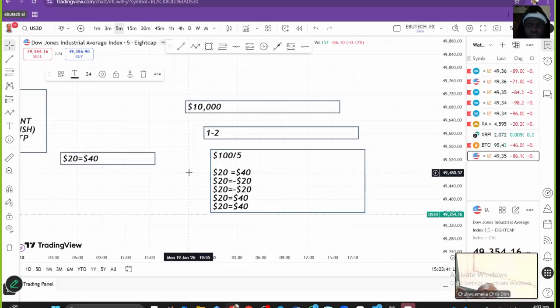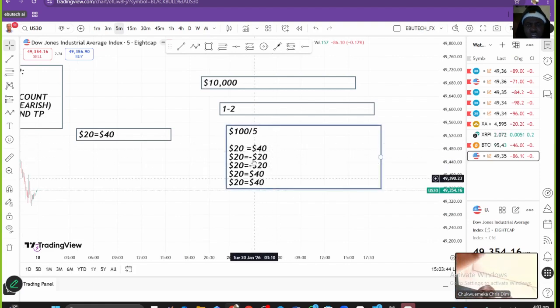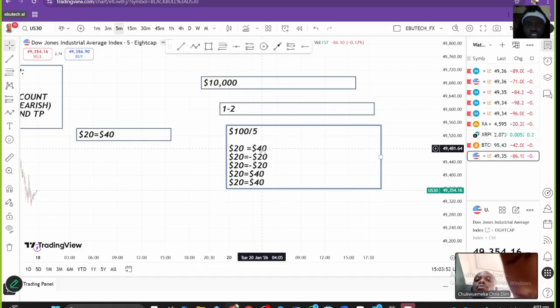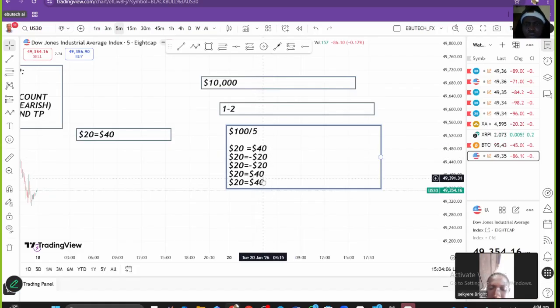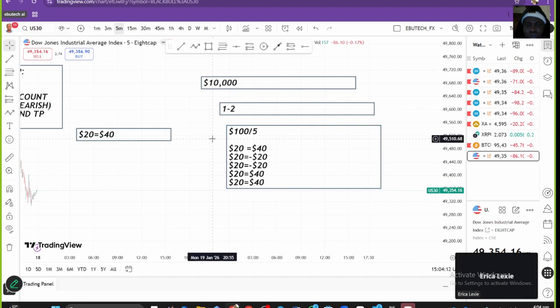Now I want us to do the calculation. Let's say this is how our trades went for the day. We took 5 trades per day. 40 plus 40 is 80, plus another 40 is 120.